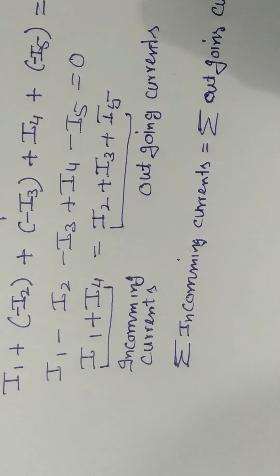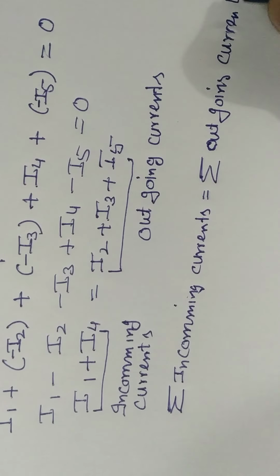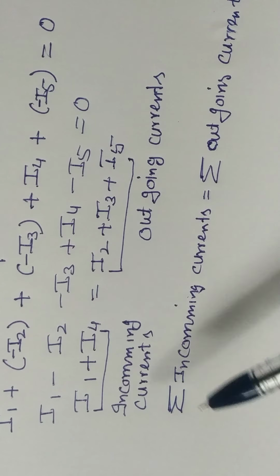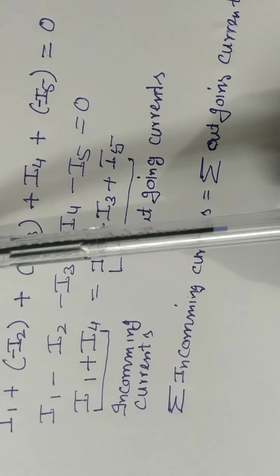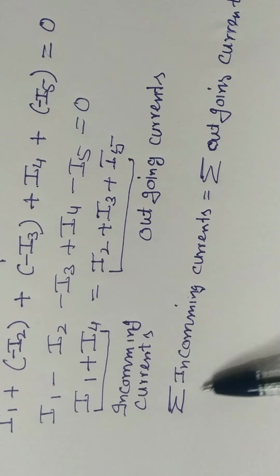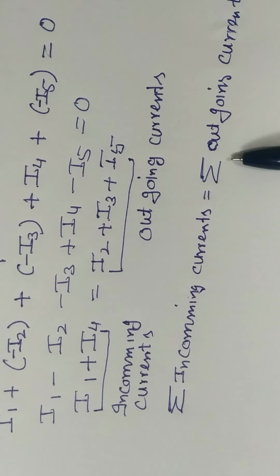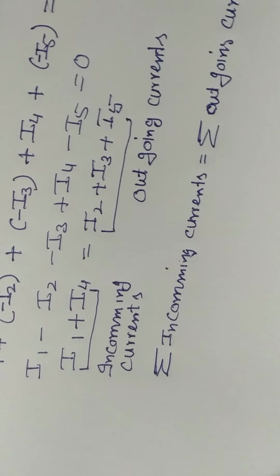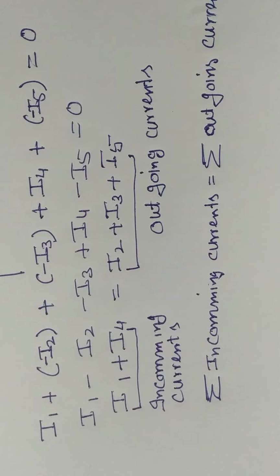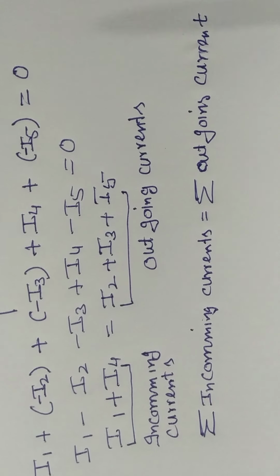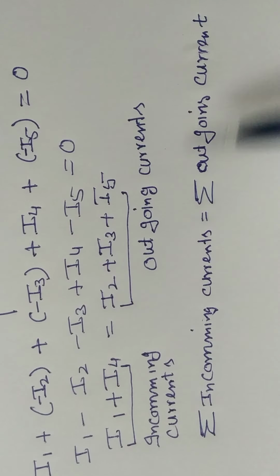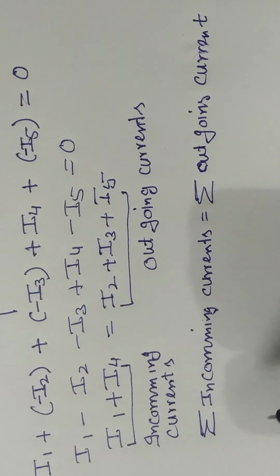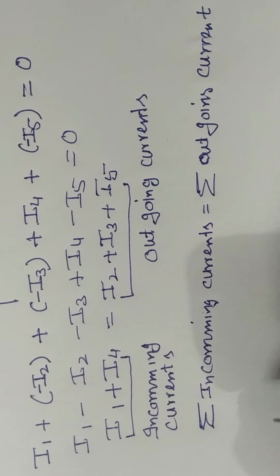So KCL can also be defined as, in any electrical network at any point or junction, the sum of incoming currents is equal to sum of outgoing currents. This is another definition of Kirchhoff's law.